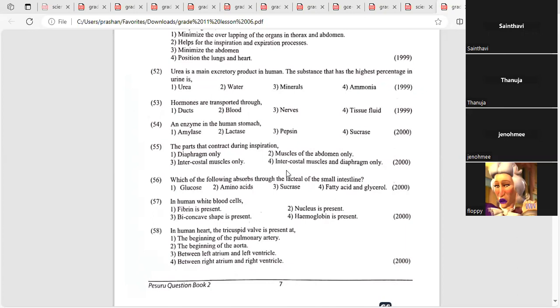Now we are going to discuss past question papers after 2016. That is important because your syllabus was revised in 2016.